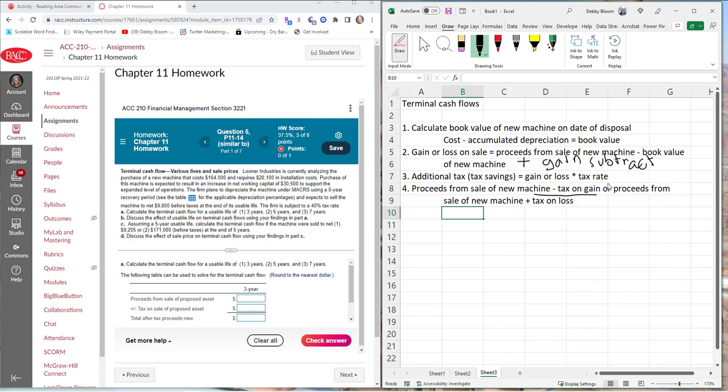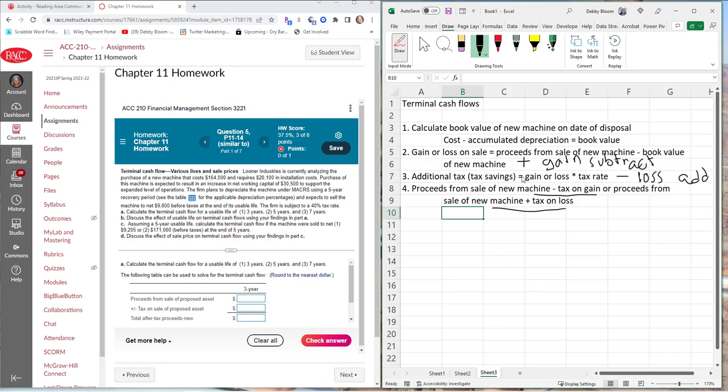But if you have a loss, step 2 would come out as a negative number, and then you get a tax savings, so you'd add back the tax.